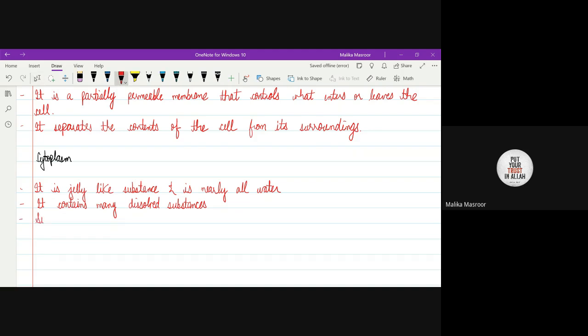It is the site of metabolic reactions. We also call them cytosolic reactions because cytoplasm is also called cytosol. Alright. Then let's talk about nucleus.